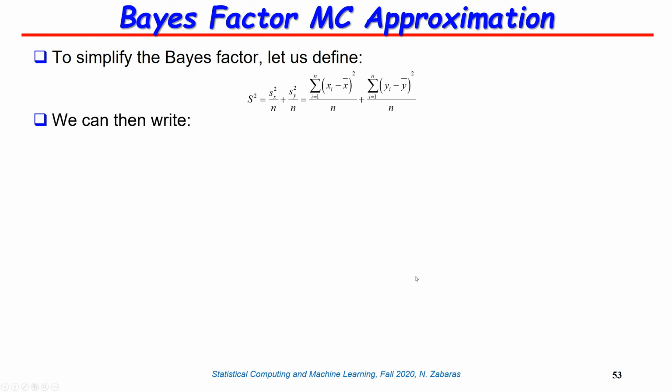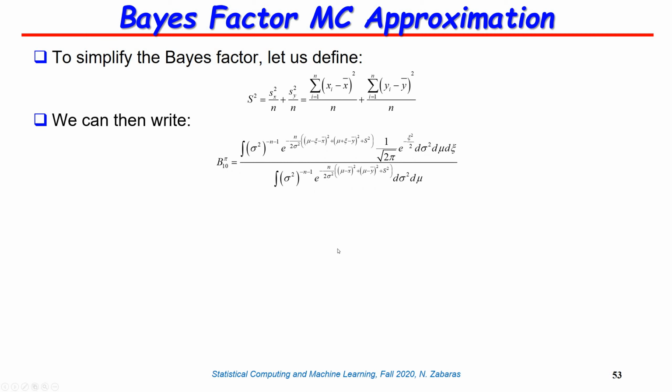Okay, and this is how you get the equations on the top. Now you're going to introduce a new variable to allow you to simplify this Bayes factor. So I'm going to introduce this capital S square that involves Sx squared and Sy squared divided by n, and this way the Bayes factor can be simplified significantly.